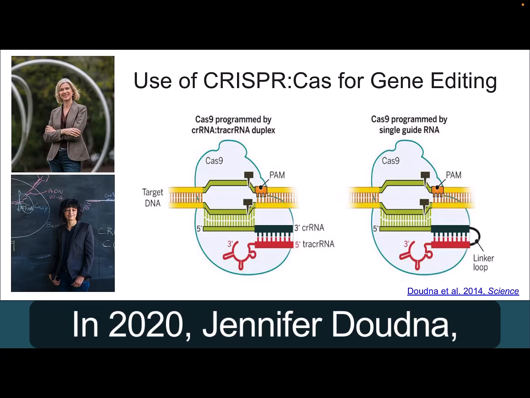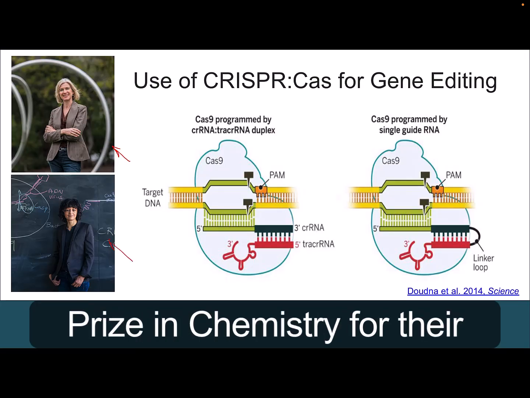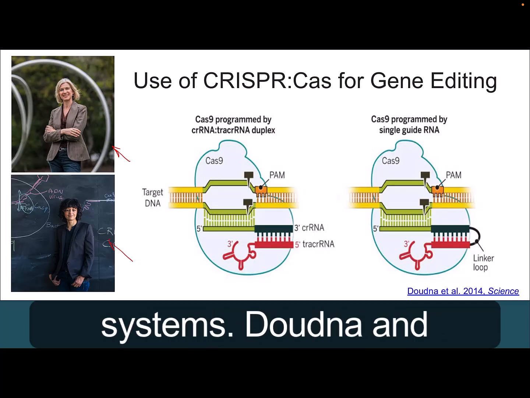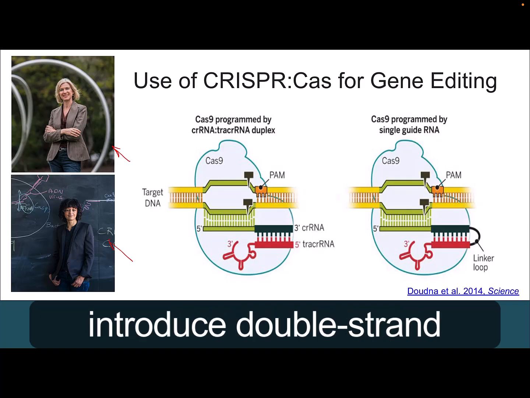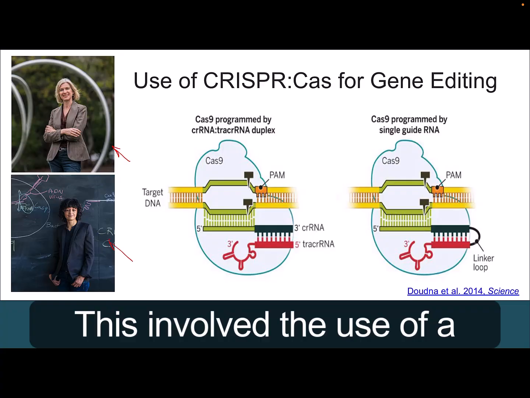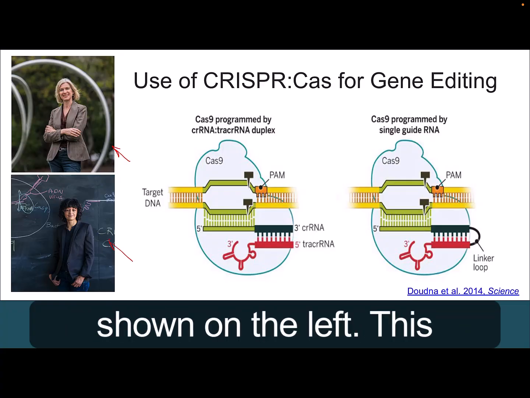In 2020, Jennifer Doudna and Emmanuel Charpentier won the Nobel Prize in Chemistry for their work with CRISPR-Cas systems. Doudna and Charpentier showed the first use of CRISPR-Cas9 to introduce double-strand breaks in target DNA. This involved the use of a CRISPR-Cas assembly, as shown on the left.